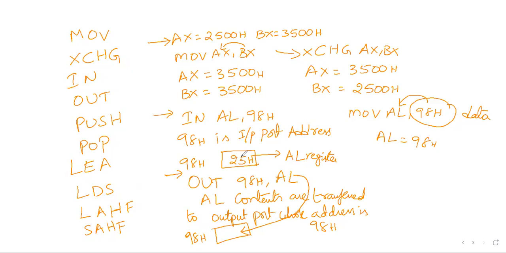In IN, the input port is identified and the input port data is transferred to AL. Here, AL register contents are transferred to the output port. Output port means we are sending the data to the output port; input port means we are receiving the data from the input port. So this is IN and OUT.